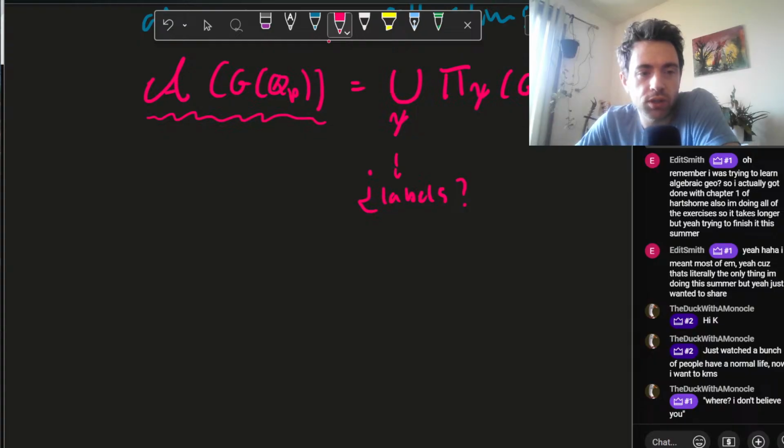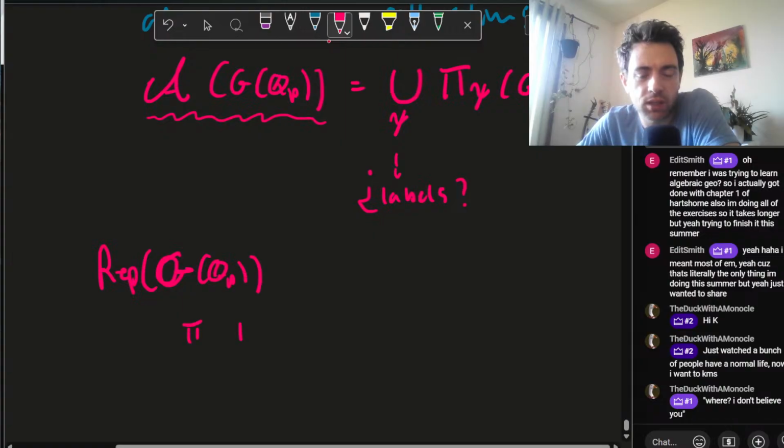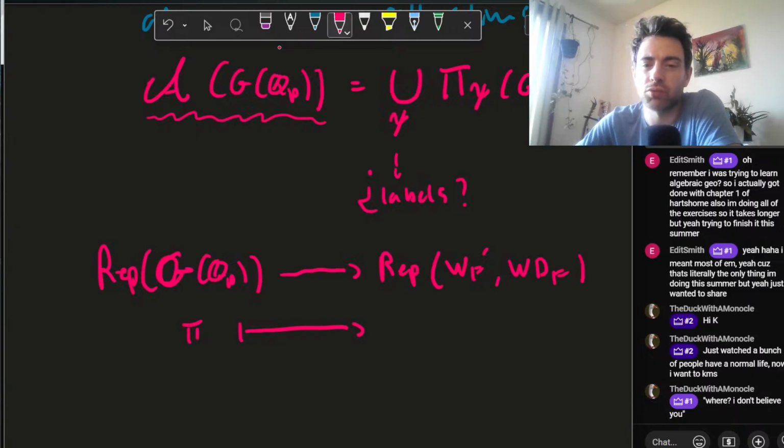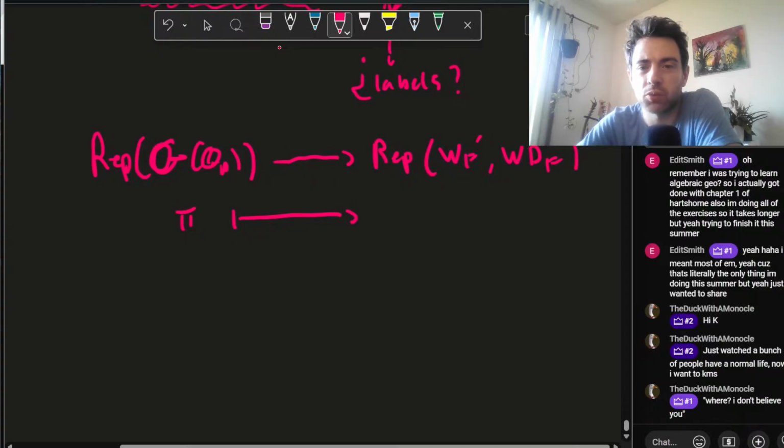So for the local Langlands correspondence, we have representations of our group, and we want to send those to representations of the Weil-Deligne group. I've seen W prime and WD, and those refer to two slightly different versions, and I can't remember which one, but pick whichever one.